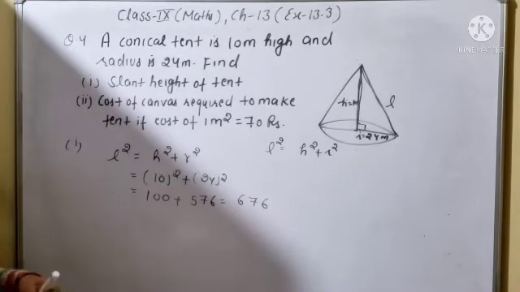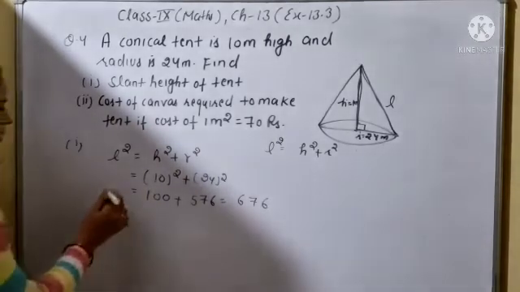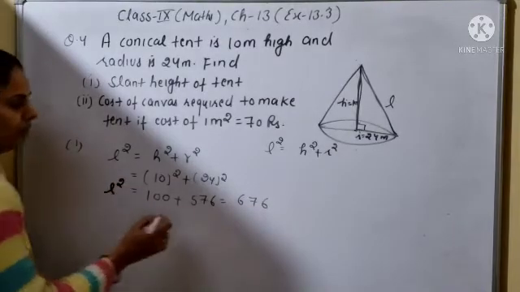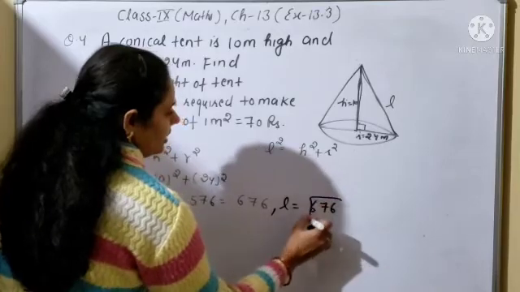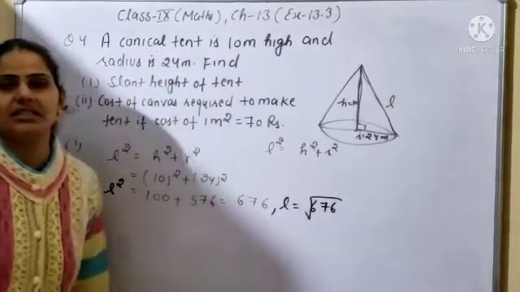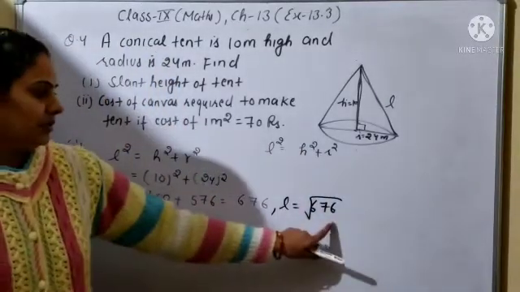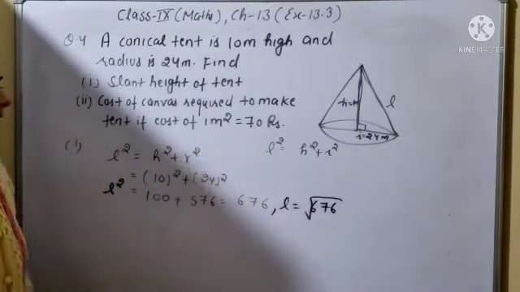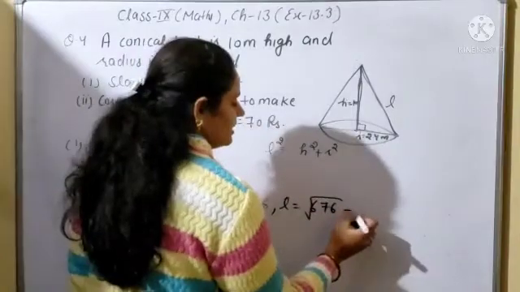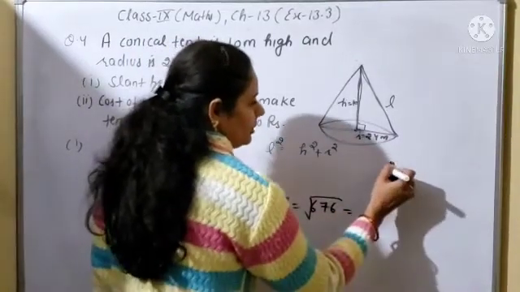Clear? Now this 676 is the value of L square. But you have to find the value of L. So the value of L will be the square root of 676, because if you take the square to the right hand side, it converts into a square root. And what will be the square root of 676? I think it will be 26.